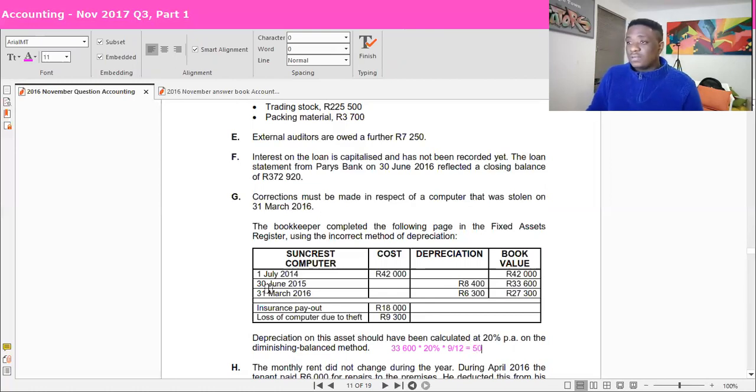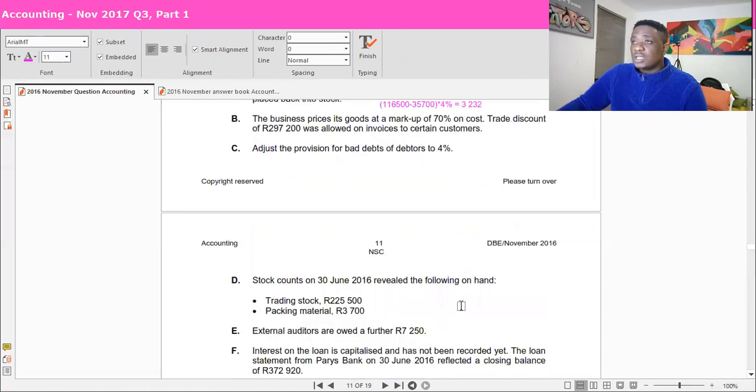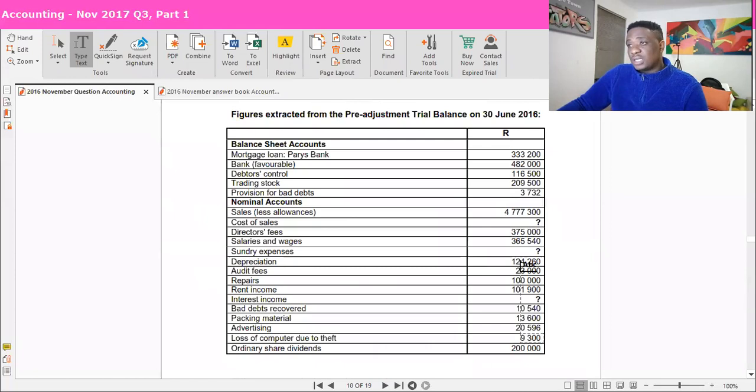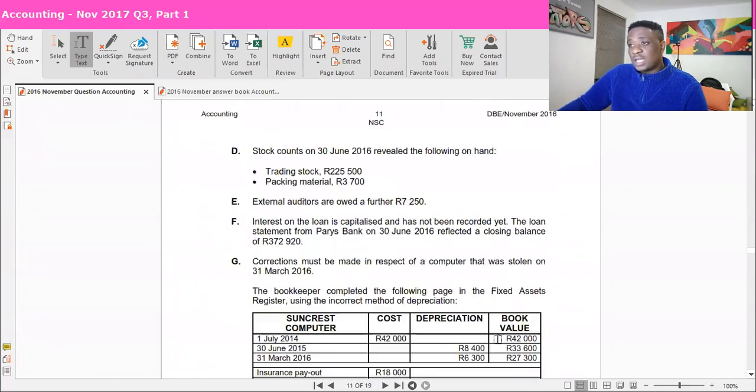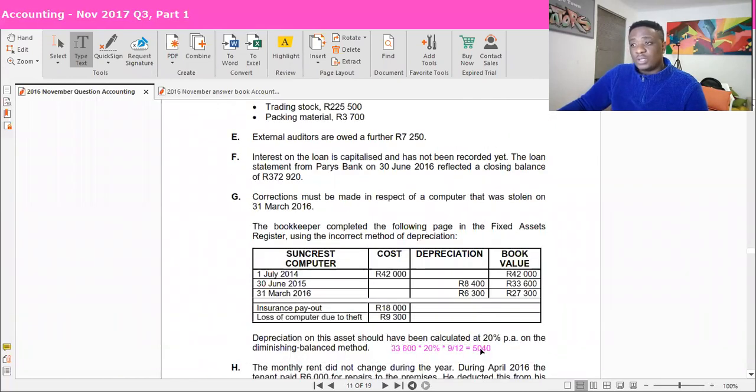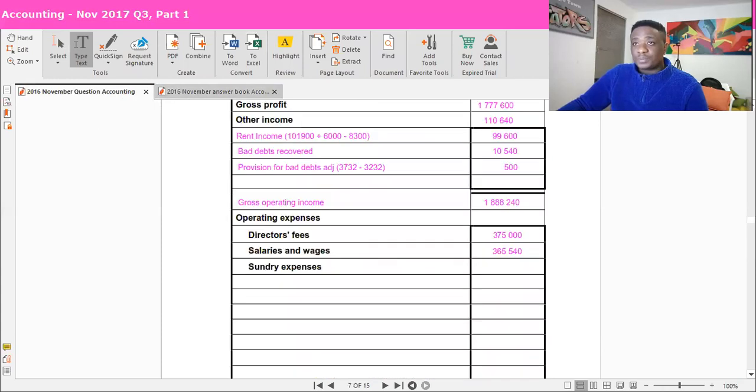And that would give us an answer of 5,040. But here we have an answer of 6,300. So this depreciation that has been given here includes that 6,300 instead of including 5,040. So what you need to do is to subtract the 6,300 and add the 5,040. So that's what you're going to do for depreciation.